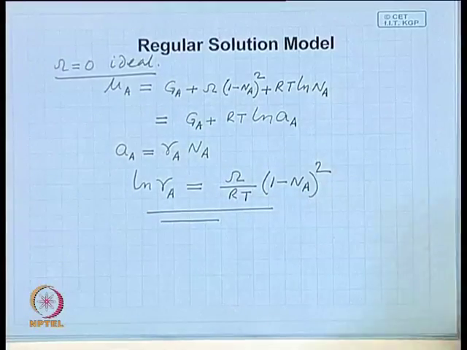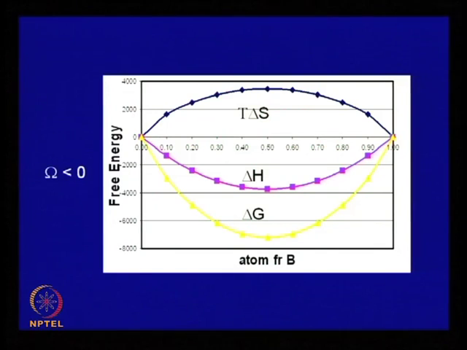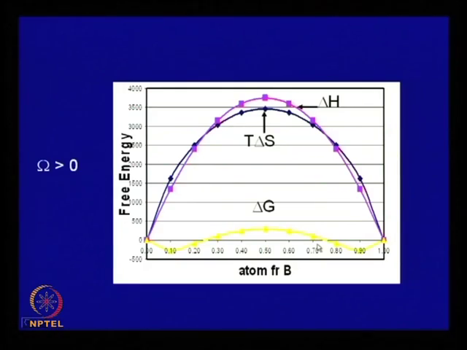With this, it is now possible to calculate the free energy, enthalpy and entropy of mixing, and they are plotted here. This is what the plot looks like. When omega is less than 0, this is the type of deviation that you have, whereas if omega is greater than 0, then this is the type of free energy composition diagram you expect.